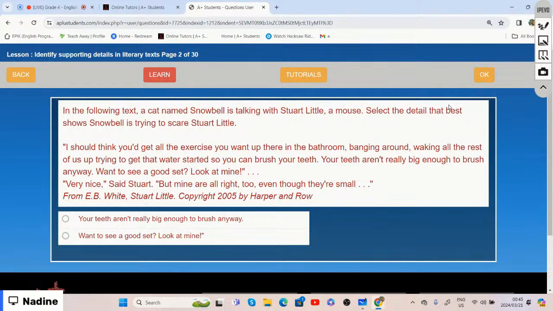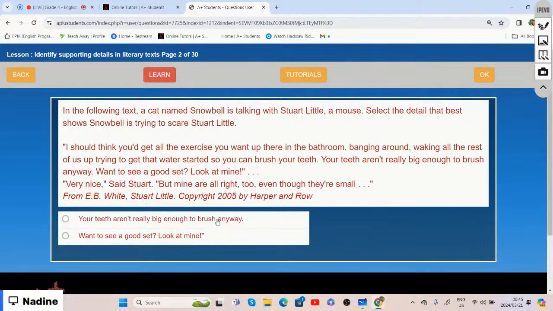Or is it because it says want to see a good set? Look at mine.